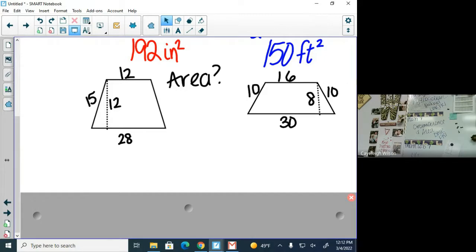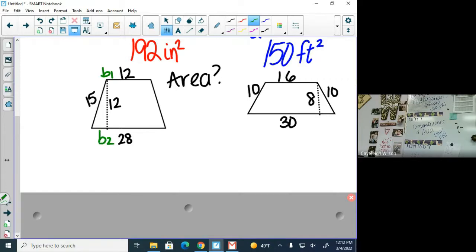All right, well, we'll start with this first one. I noticed that it's a trapezoid. All right, so I know I'm using this formula right here. Okay, Ashton, what's my base 1? 12, okay. Maddie, what's my base 2? 28.